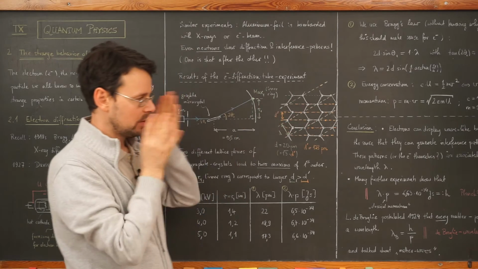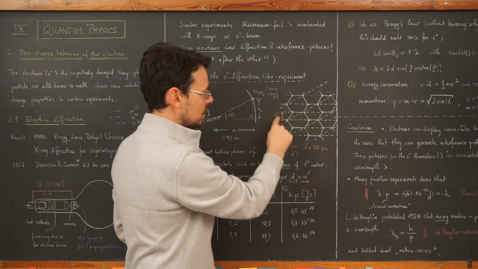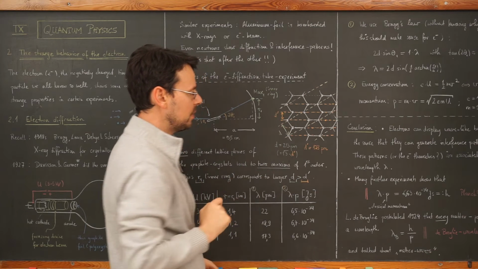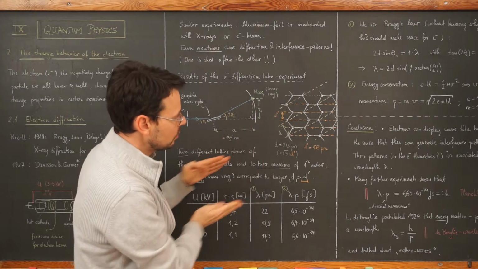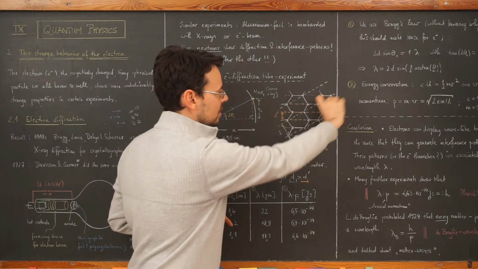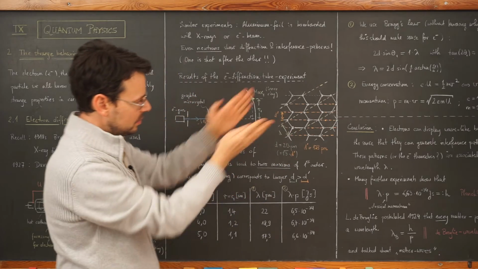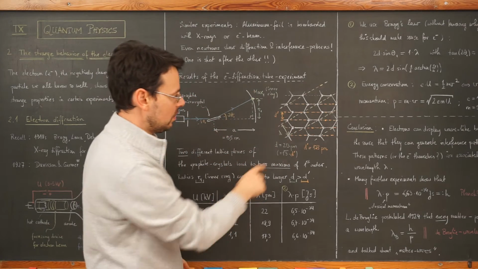One is if I look like that at these atoms, they have a distance d prime, which is 123 picometers, but I can also look in this direction, and then these layers or rows of atoms give me a different diffraction grating, if you want to call it like that.